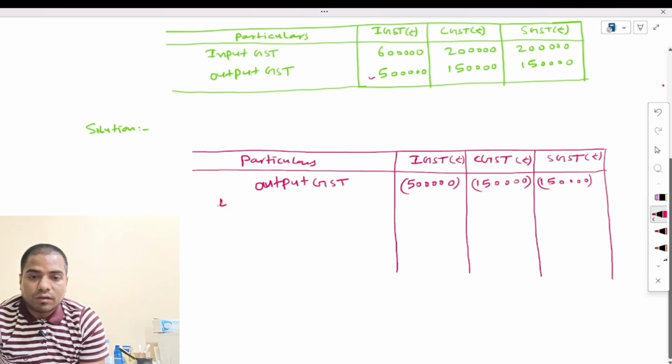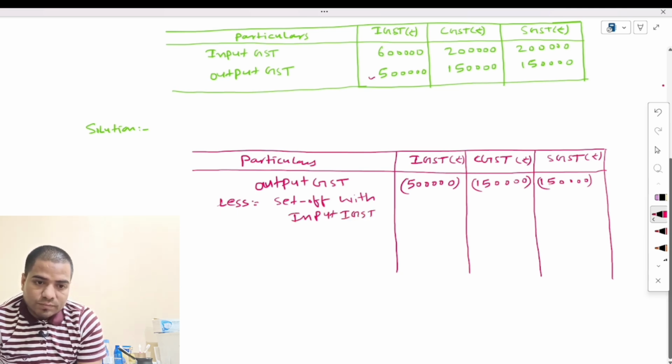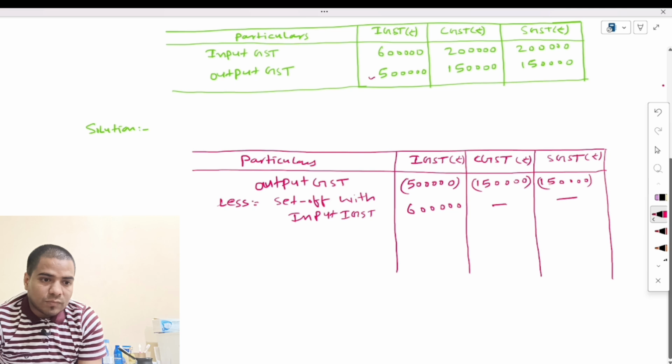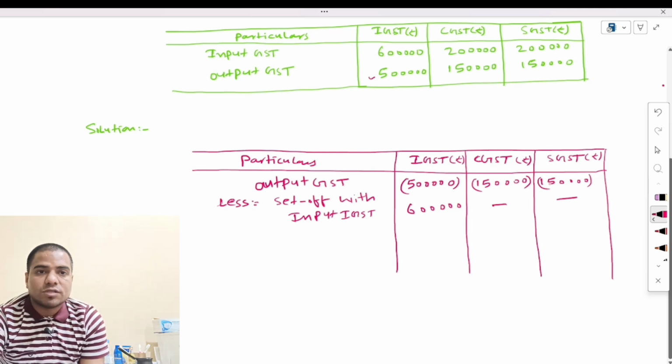We will write here less set off with input IGST. How much? 6 lakh. This CGST and SGST will be as it is.